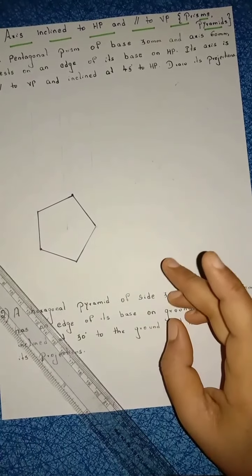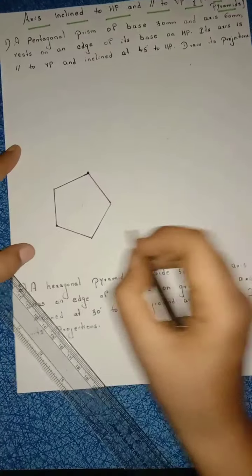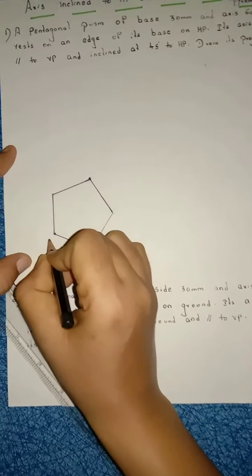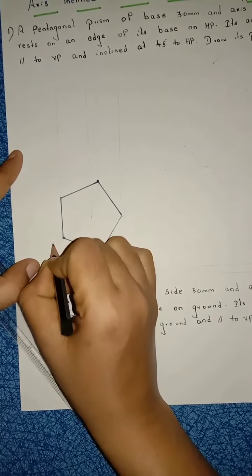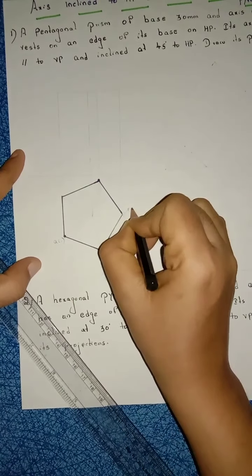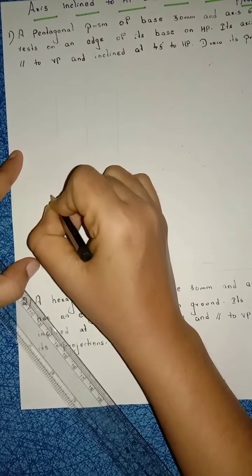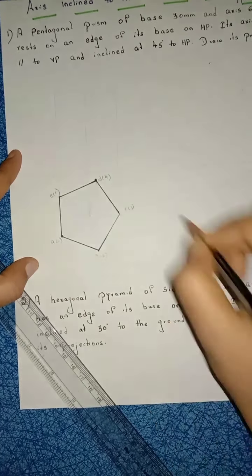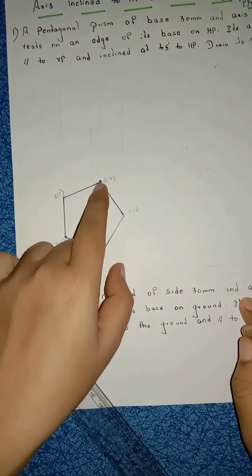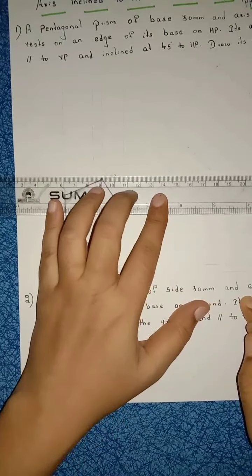Right? Now after constructing the pentagon, you should write the points. So start from the bottom left corner. This is your A of 1, B of 2, C of 3, D of 4 and here E of 5. Right? Now from this corner leave a 5 mm gap and draw the reference line.